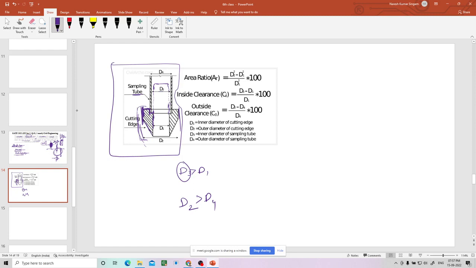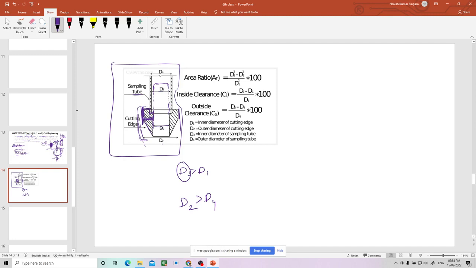Now coming to the inside and outside diameter of the cutting edge, D2 minus D1 divided by 2, that means this thickness, should not be much more. If it is more, the soil gets disturbed again. This should be as small and as thin as possible.